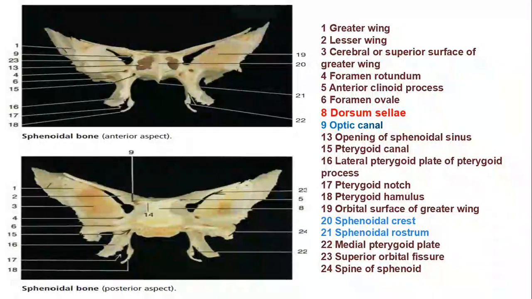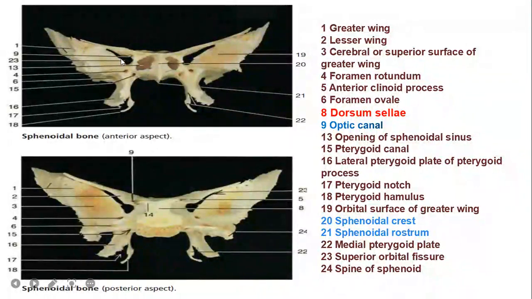The optic canals, which we've been able to see, are located right there, whereby we've been told that cranial nerve number 2 passes through. And as we'll be moving ahead, we'll find other structures. So remember, we've been checking on the rest of the structures, including the greater wing, lesser wings, and all those.